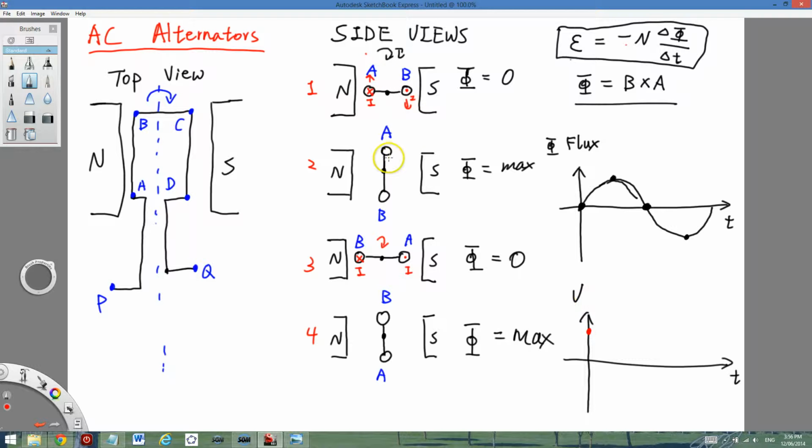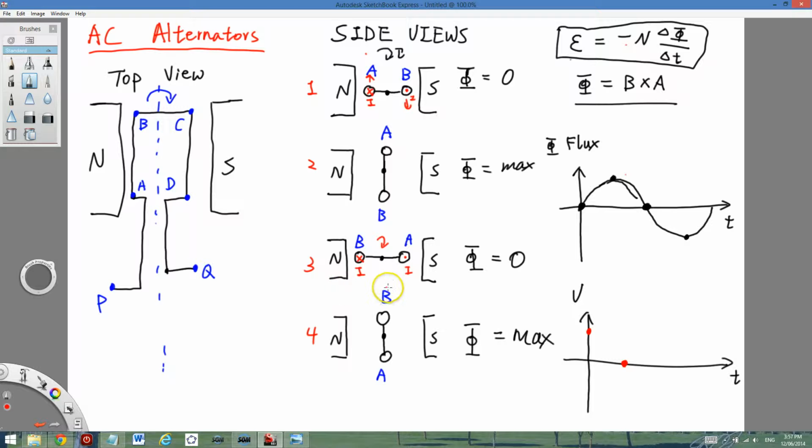Then at position 2, when the flux is maximum, the rate of change of the magnetic flux is 0. So the induced current or induced voltage will be 0. If the gradient is flat, voltage is 0.